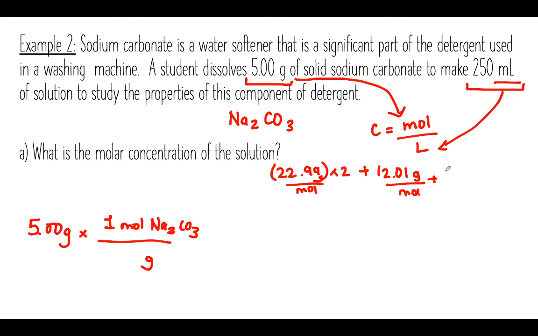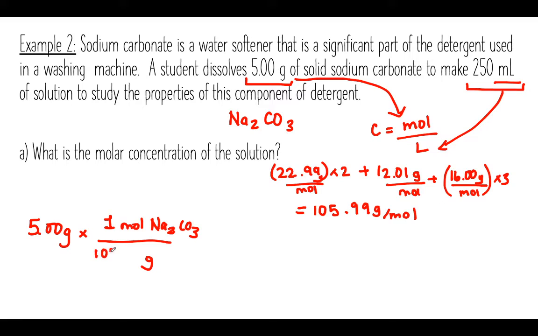There's 1 carbon there, so I'm good. 16.00 grams per mole of oxygen. And because there's 3 oxygens, I'm going to multiply that by 3. So I'm going to get 22.99 times 2 plus 12.01 plus 16 times 3, which will give me 105.99 grams per mole.